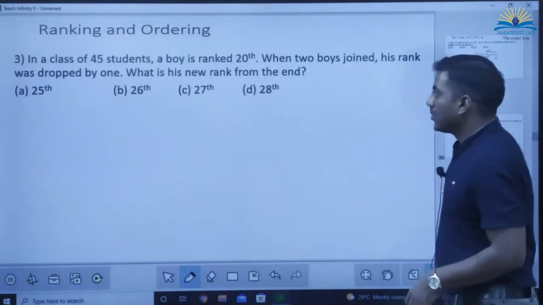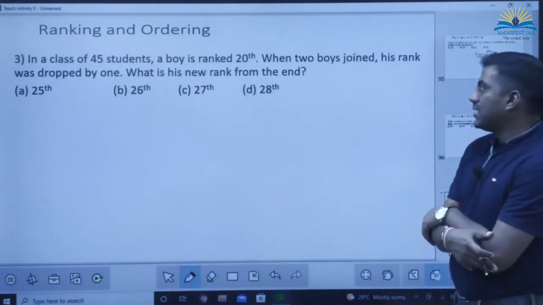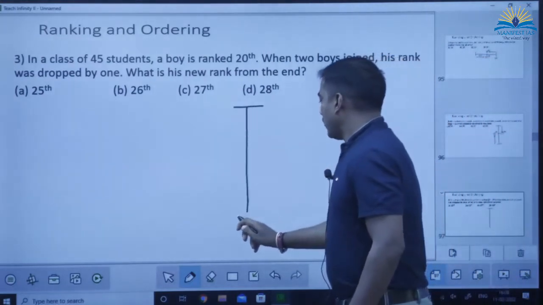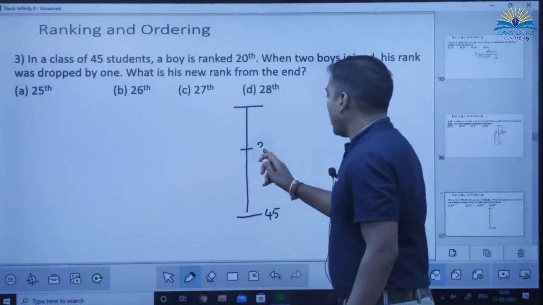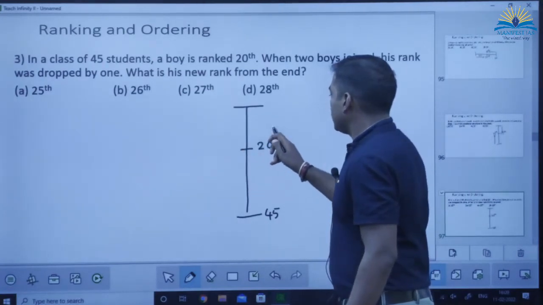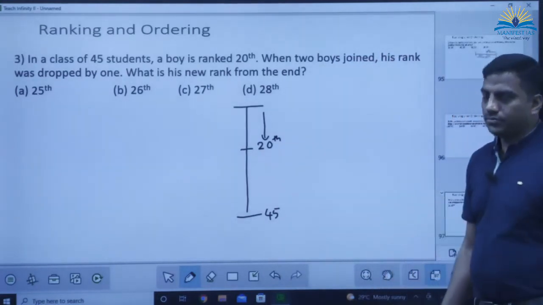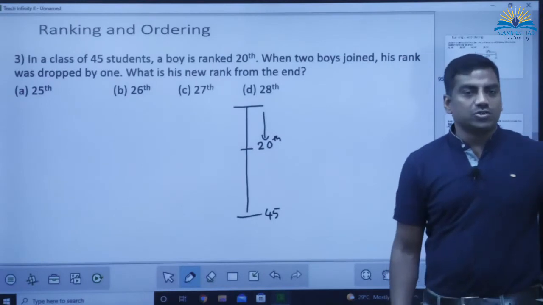In a class of 45 students, a boy is ranked 20th. Ranked means from top only. When two boys joined, that means two more boys are joining the list.